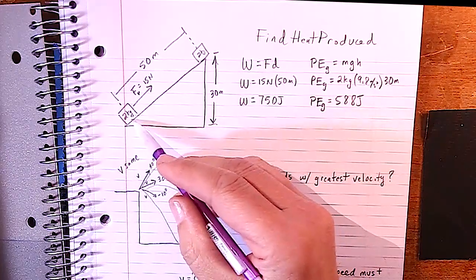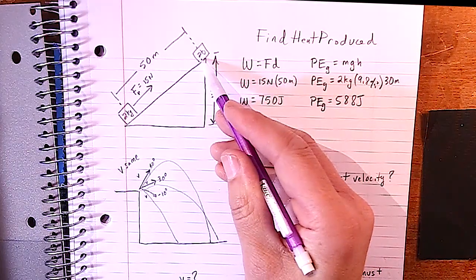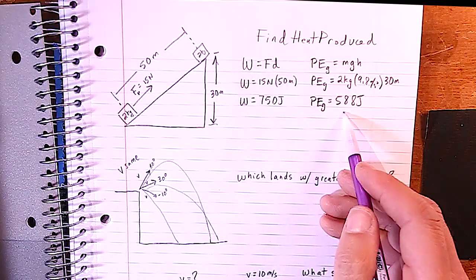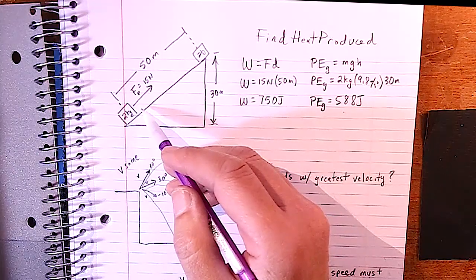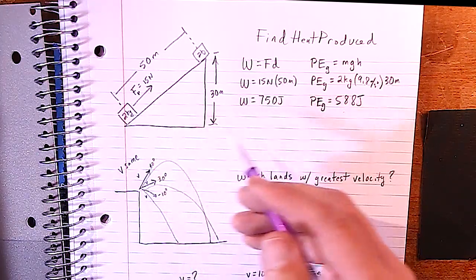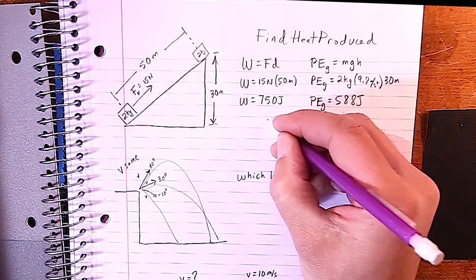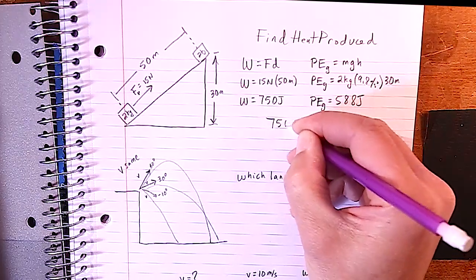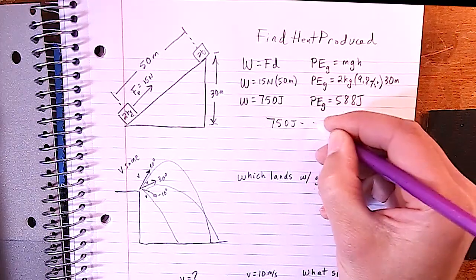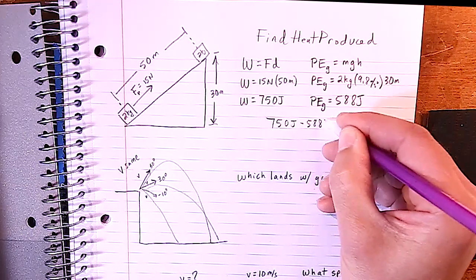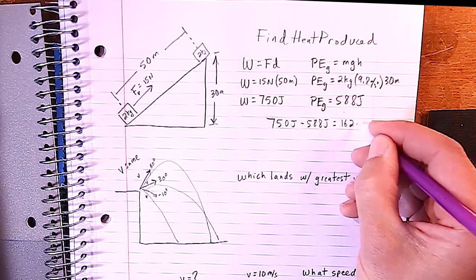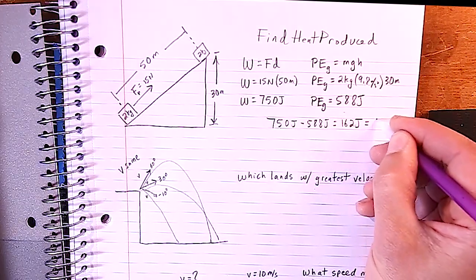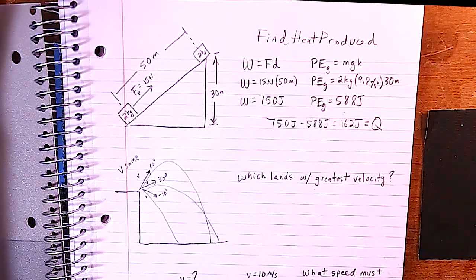Well, the work to slide it up the ramp gives it 588 joules of potential energy, but it also had to overcome friction. Well, what's the missing amount of energy? That's the heat. So if we take 750 joules and we subtract 588 joules, that's going to give us 162 joules. And that amount of missing energy, that's the Q.